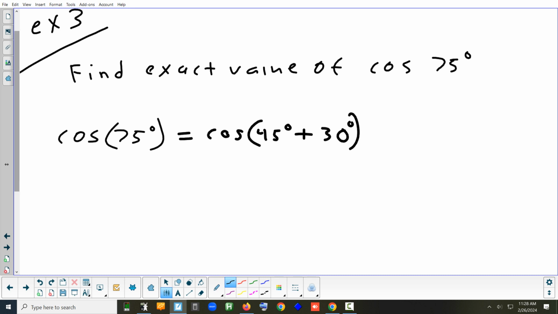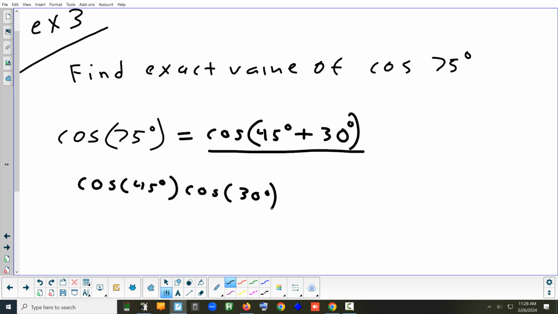Now, can someone take that and expand out the cosine sum for me using 45 and 30? Cosine 45, cosine 30, and now the real important piece, minus sine 45, sine 30.